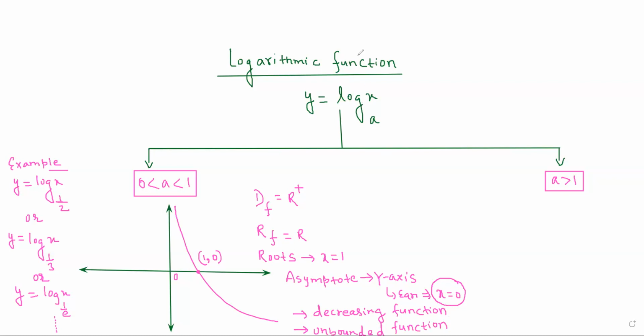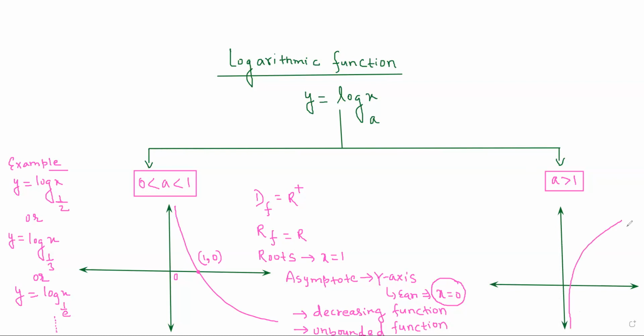Got it. Observe the next graph. This is the next condition: whenever the base is greater than 1. Beta, whenever base is greater than 1, the graph is increasing.